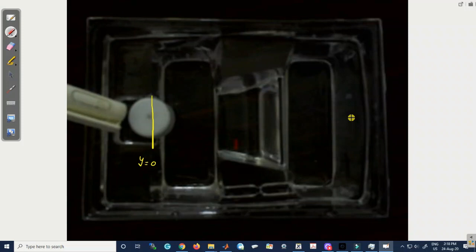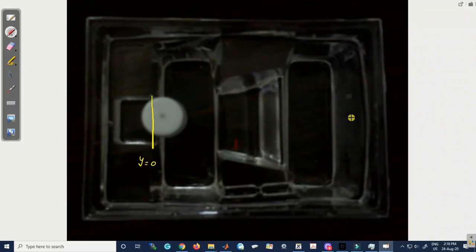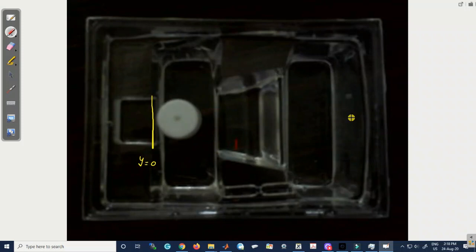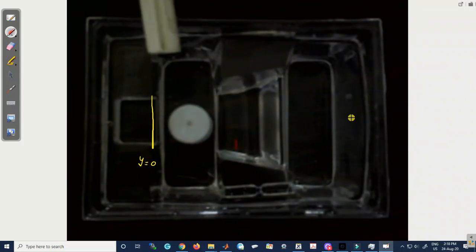Here I push it. So the float starts to move towards the right and it gradually slows down and then it stops. Now it is already stopped.